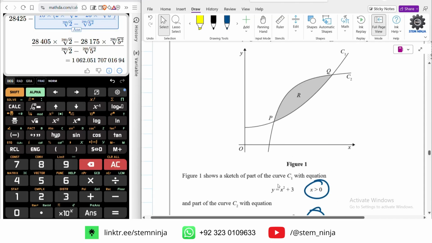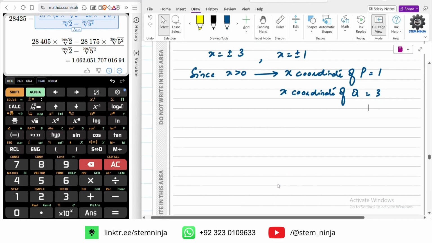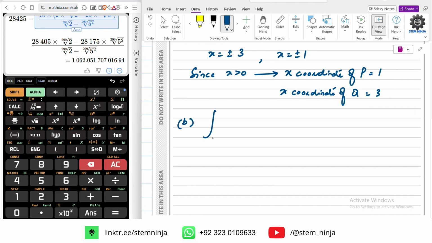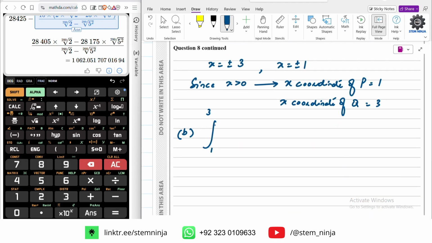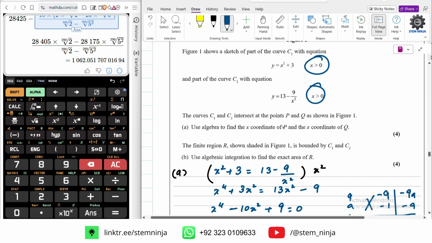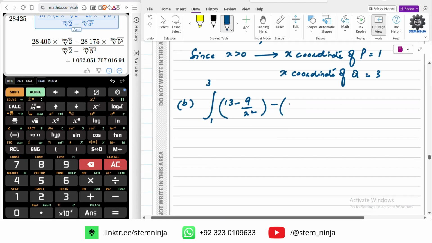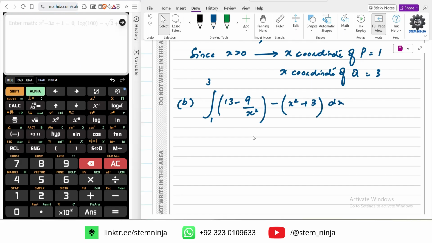So C2 minus C1, basically. So for part B, you have the integral from 1 to 3 of 13 minus 9 over x squared minus (x squared plus 3) dx.